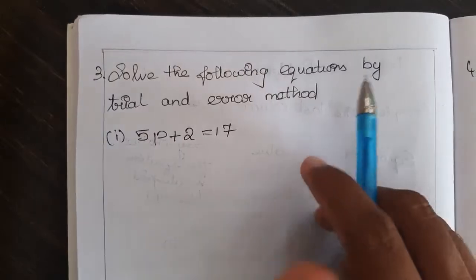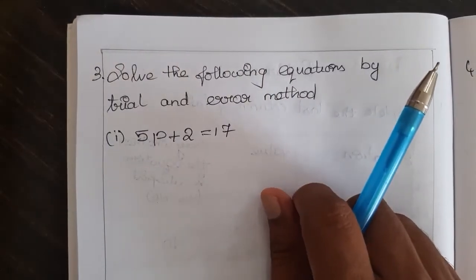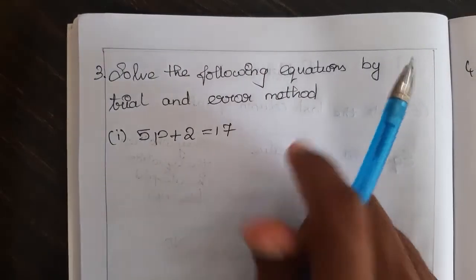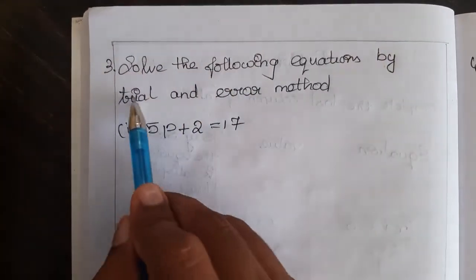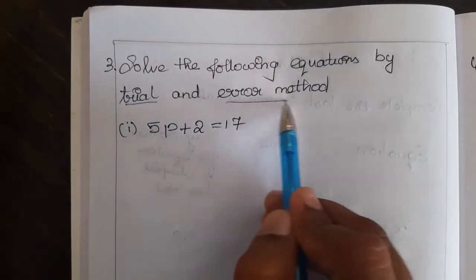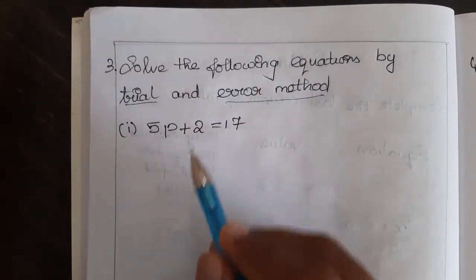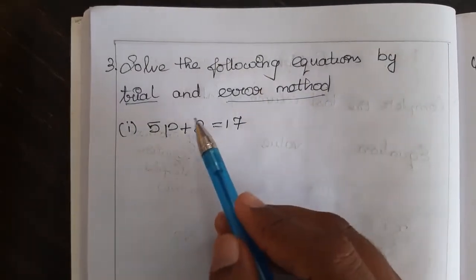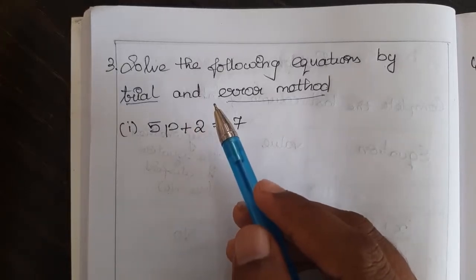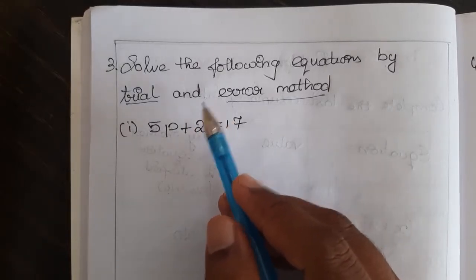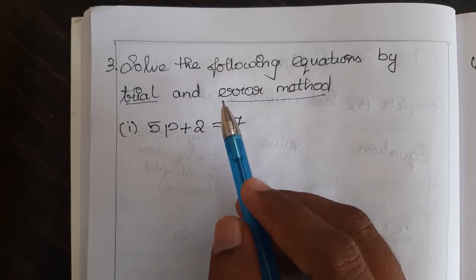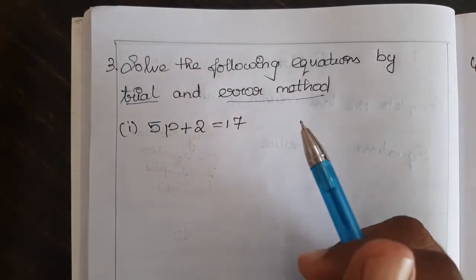So here we go for the next problem. Solve the following equation by trial and error method. Right? So you have to use the trial and error method. Trial and error method is nothing, we are just going to give one number to the variable and try whether it satisfies the equation or not. If it satisfies the equation, then we will choose that as a solution.